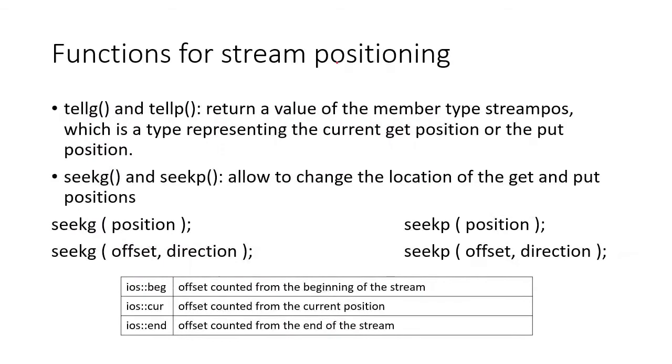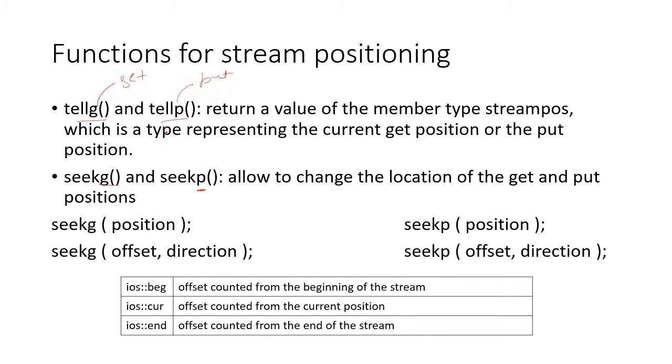Similarly, we can go for seeking the position. So let's say I wanted to go to a particular position in a particular file, right? For this, there are tellg and tellp, where g stands for get and p stands for put. Same is here, g stands for get and p stands for put.